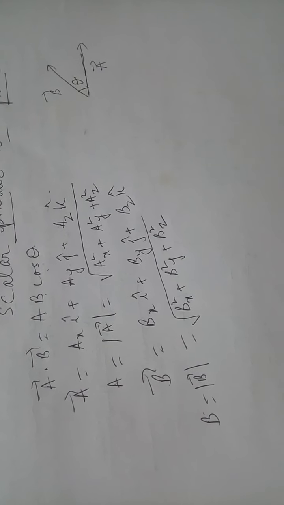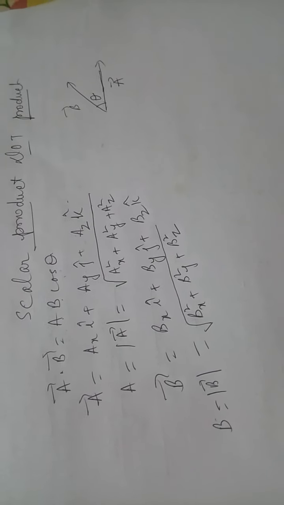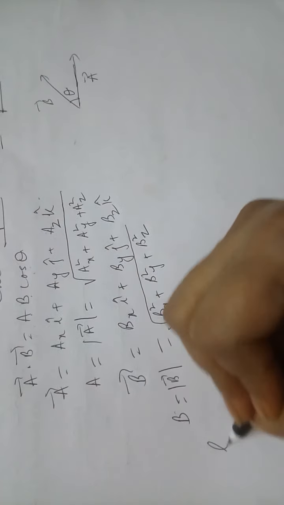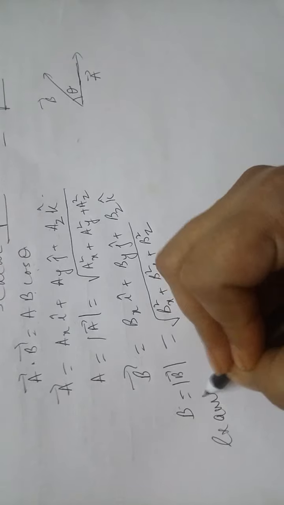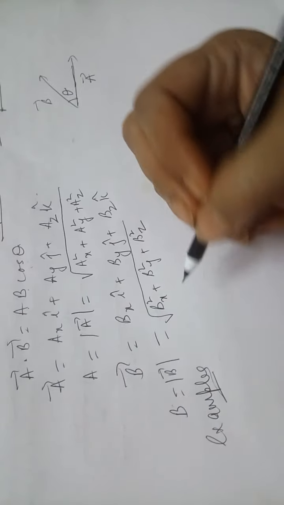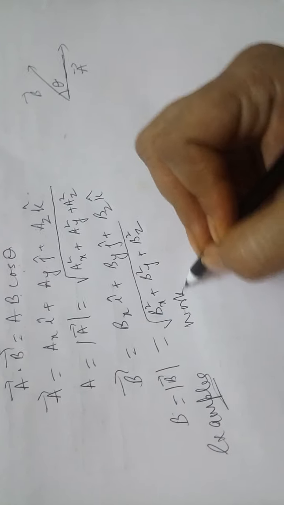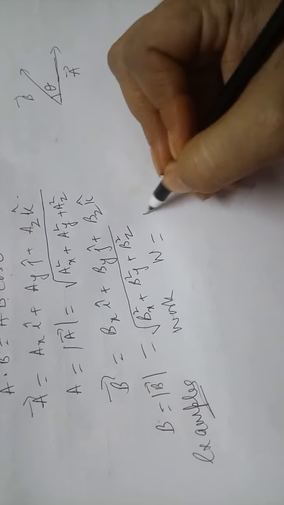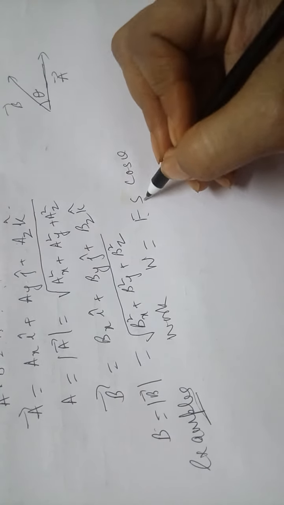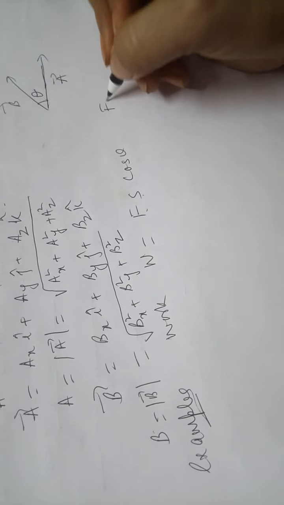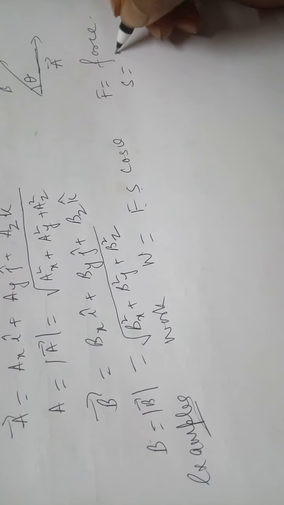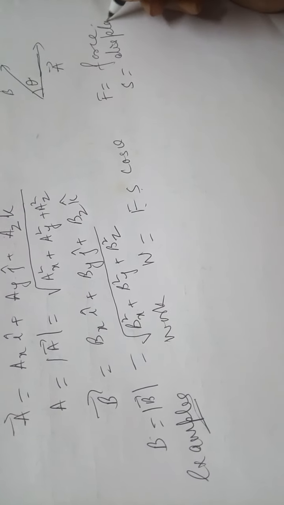Now what do we need to know more about the scalar product or the dot product? Let's see the examples. You all know that work is the best example. Work done, W, is equal to Fs cos theta. F represents force and s represents displacement.